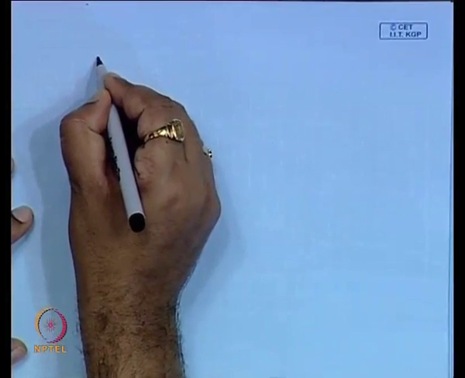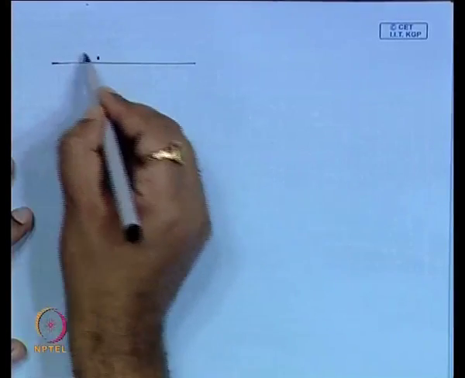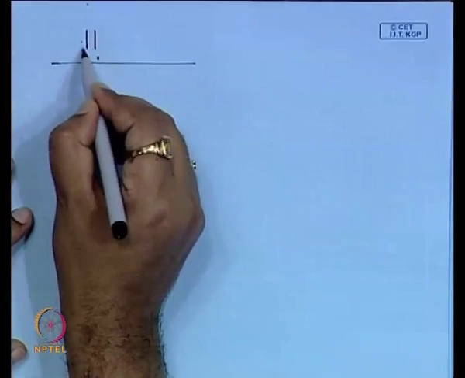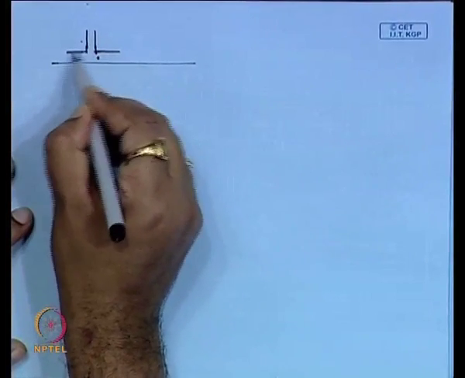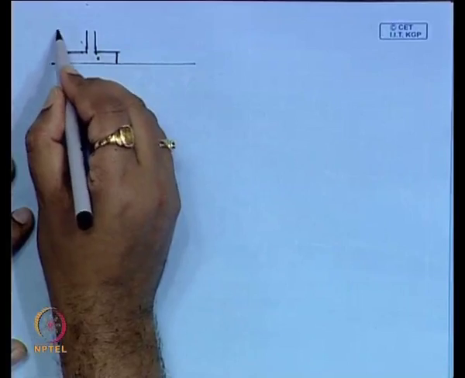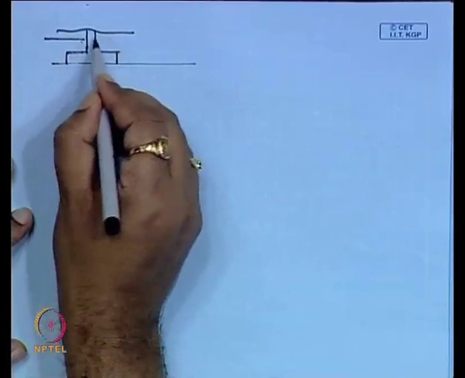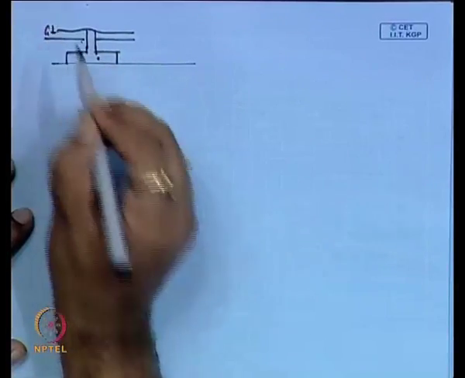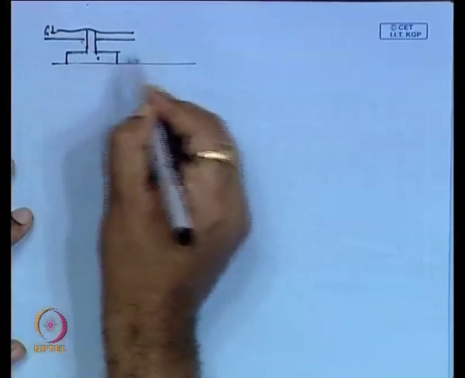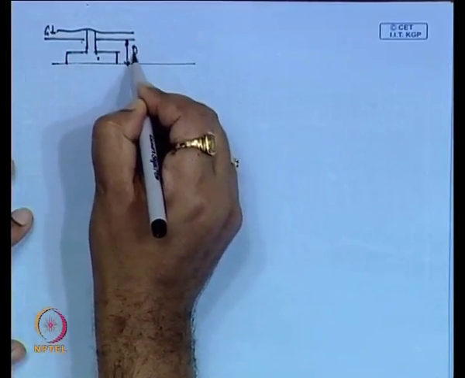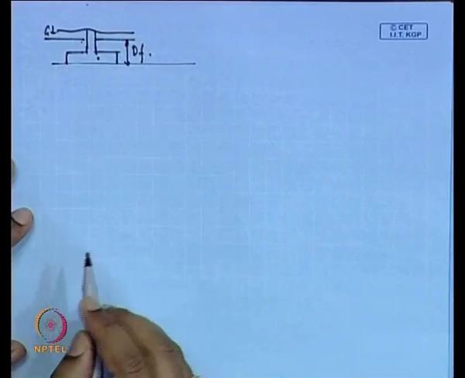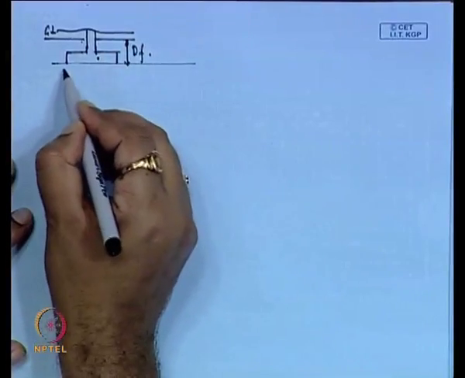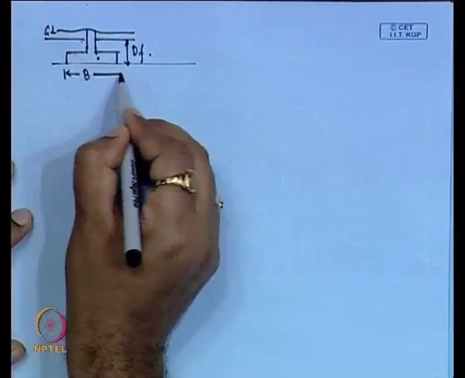Now, to determine the Iz: suppose this is the footing base, and this is the ground level, and Df is the depth of the footing, and B is the width of the footing.